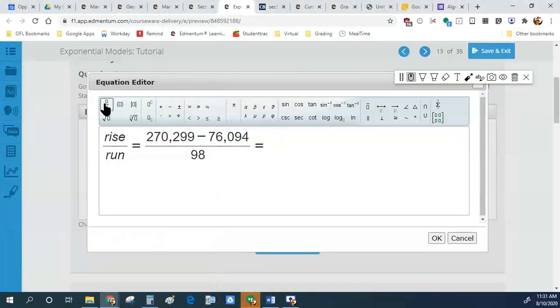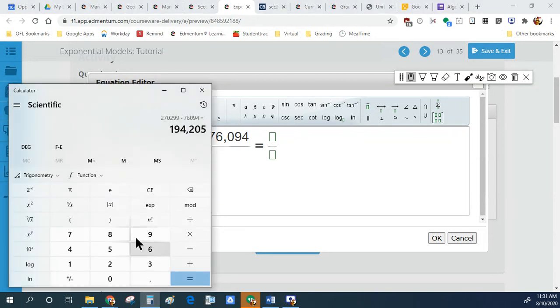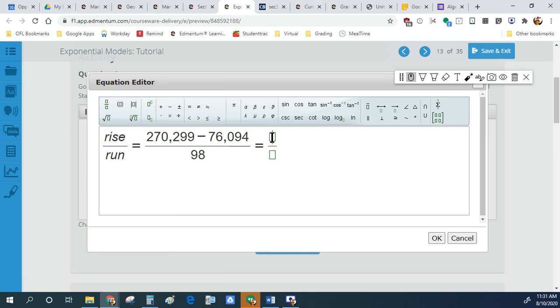Again, make it a fraction, 194,205. We're going to divide this by the 98. If you really want to show your work, technically you can do this, not times.